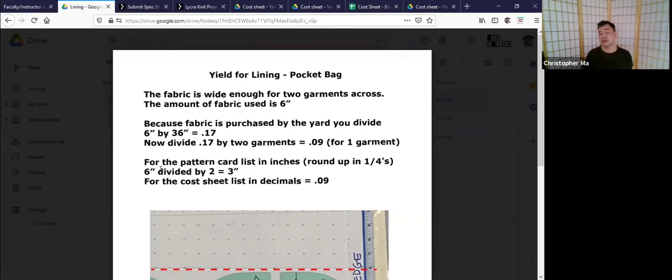So in the cost sheet, the listing decimal is 0.09. But in the pattern card, you're going to use the 6 inches, which is here, divided by 2 equals 3 inches, right? Kind of ridiculous. You have 3 inches. It doesn't even fit the pocket bag, but that's how we use it in yielding.